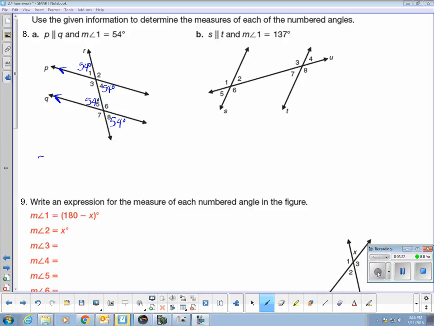So 54 degrees, the measure of angle 1, plus the measure of angle 2 has to add up to 180. So the measure of angle 2 is 126 degrees. Angle 3 is 126. Angle 6 is 126. And angle 7 is also 126.